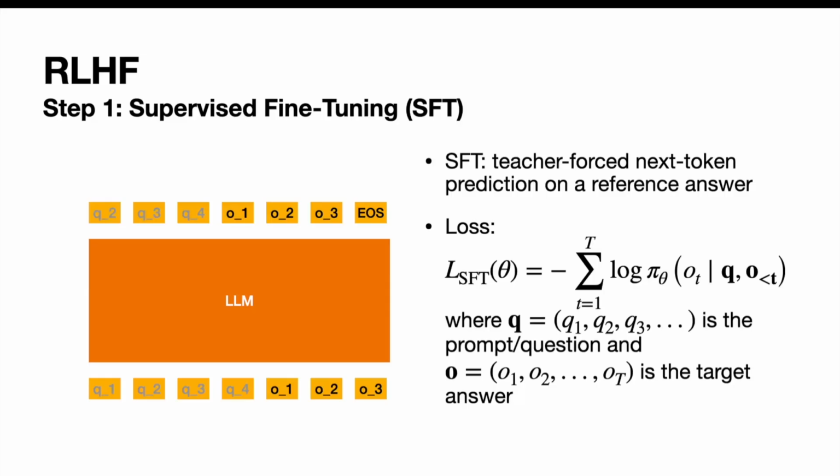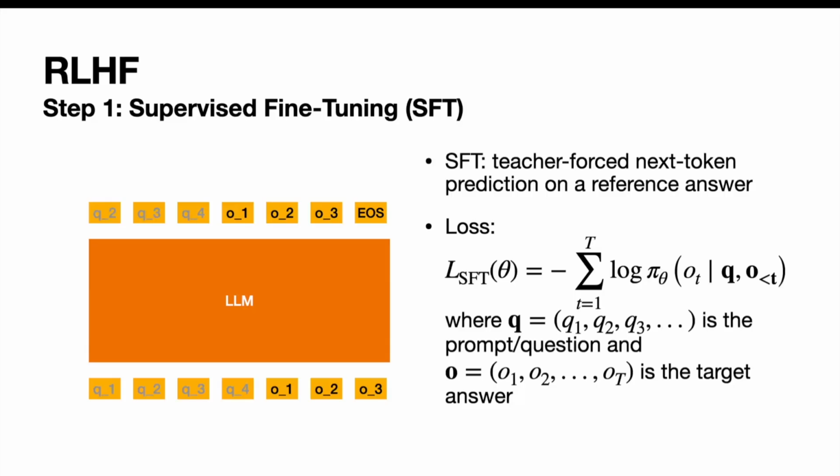More specifically, the training objective is the standard cross-entropy loss, or equivalently, the negative log likelihood of the target tokens. For each position, the model predicts a probability distribution over the vocabulary, and we want it to assign high probability to the correct next token.